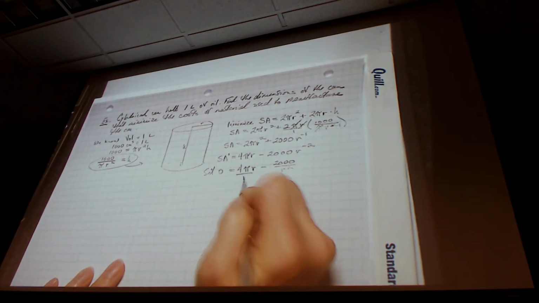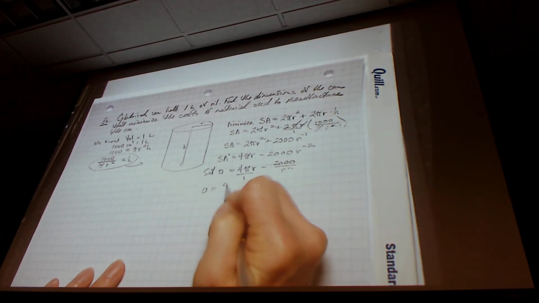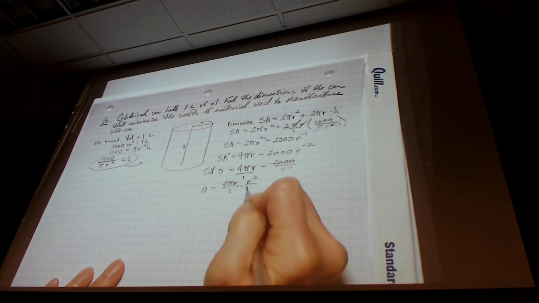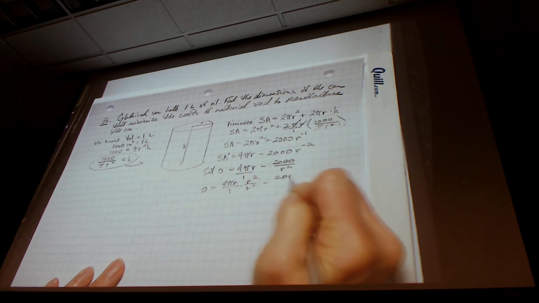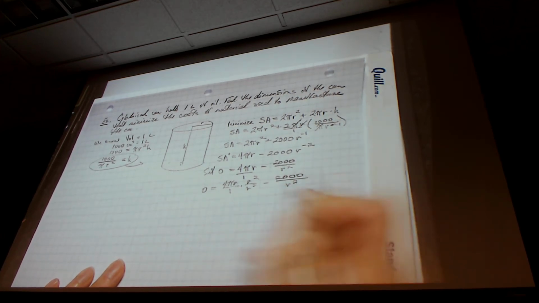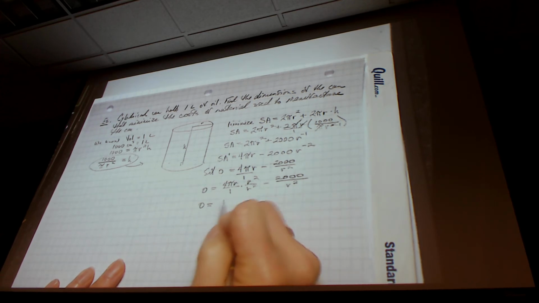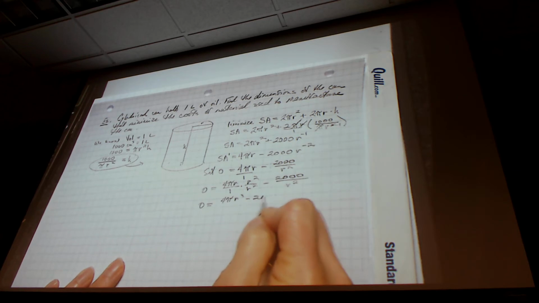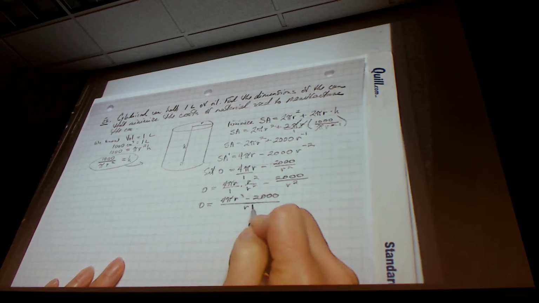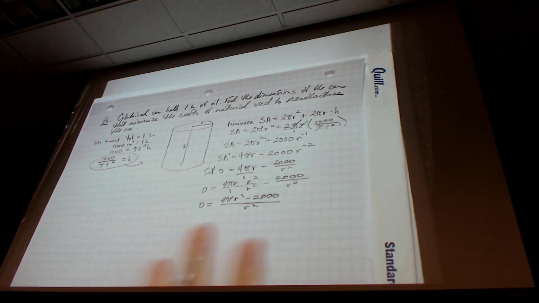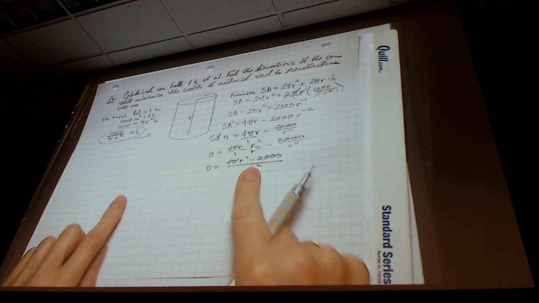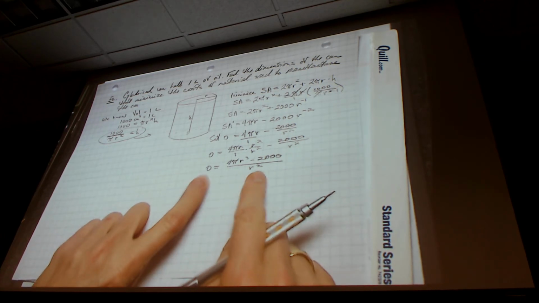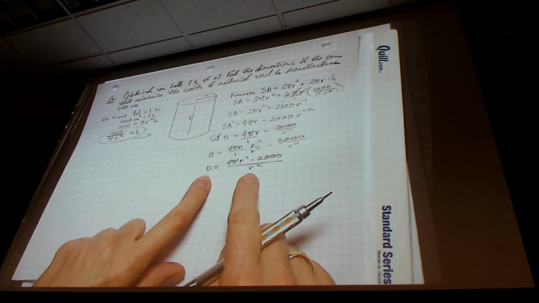Okay. So I'm going to put that over 1, set 0 equal to 4 pi r over 1 times r squared over r squared minus 2,000 over r squared. So 0 is 4 pi r cubed minus 2,000, all over r squared. Okay, now is where I either ignore the denominator, which I sort of like, or if that bothers you, multiply both sides by r squared.